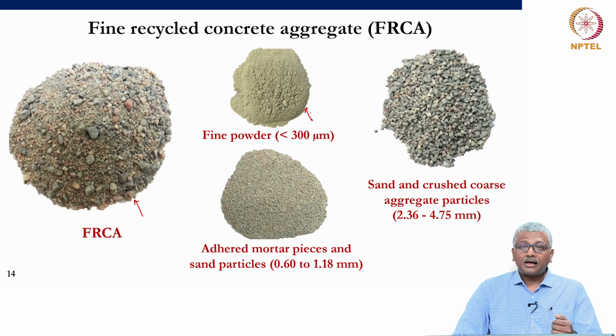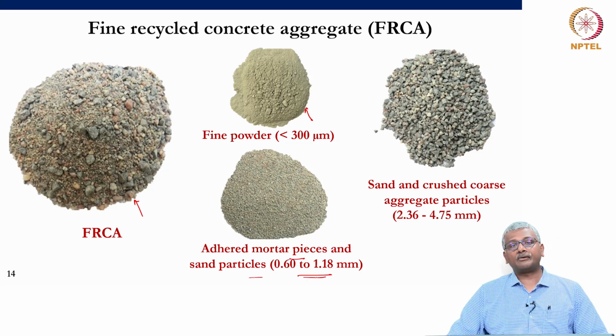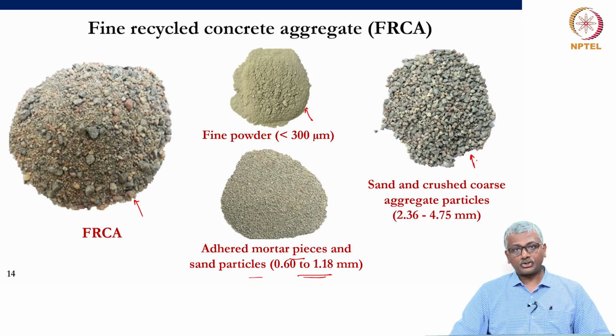Now, there are also adhered mortar pieces and sand particles between 600 microns and 1.18 millimeter. And then there are coarser particles, which could be the crushed rock, crushed coarse aggregate, or simply sand particles of the size of 2 to 4 millimeters. So, these are the various compositions that you find in a typical recycled fine aggregate.